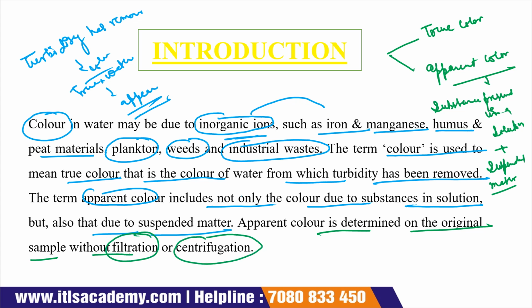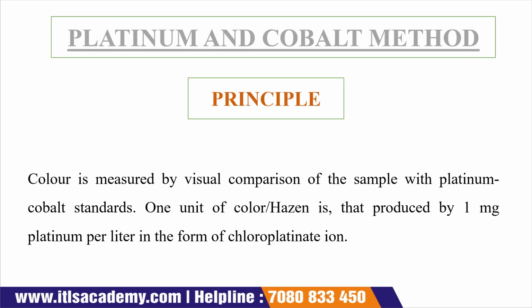Okay, so without filtration and centrifugation, the color that we get is called the apparent color of the original sample. Now the next is the method that we use for determining the color of the water.